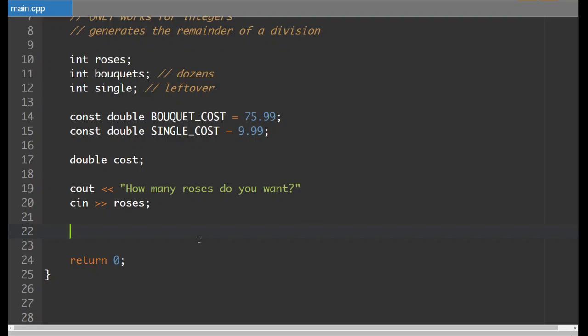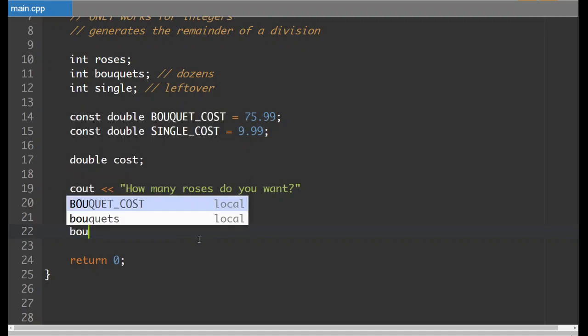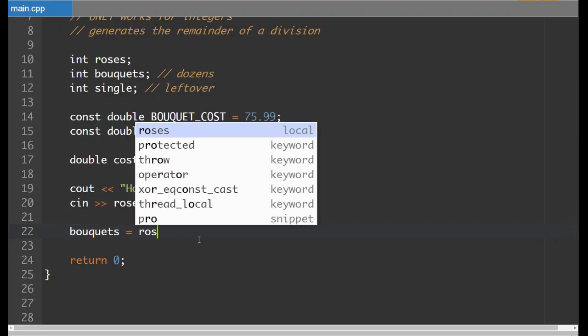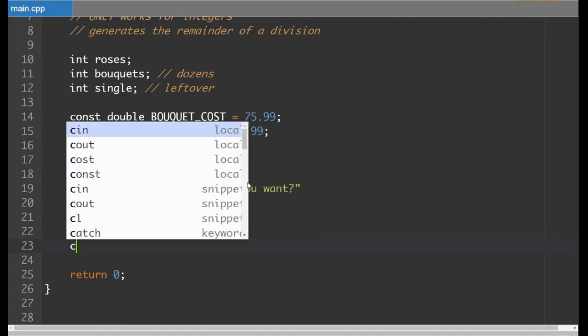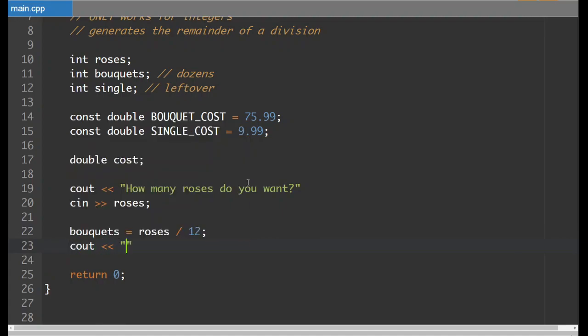And now what we have to do is we have to figure out how many full bouquets of roses that will be. So we're going to calculate it like this. Bouquets is going to be equal to the amount of roses divided by 12. Okay. And then we'll put full bouquets of roses.